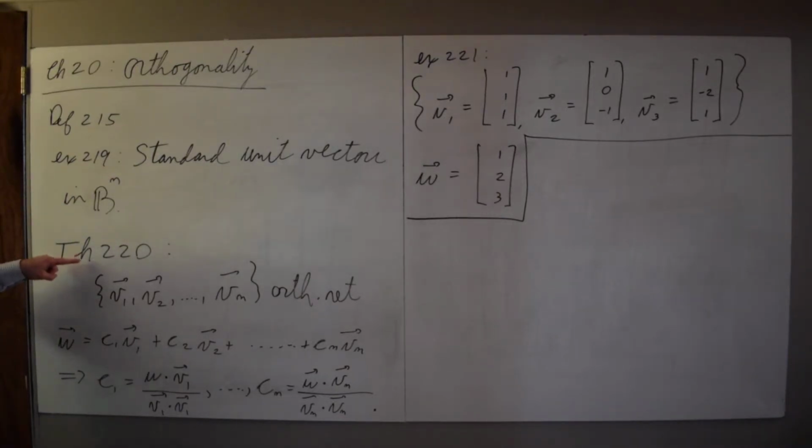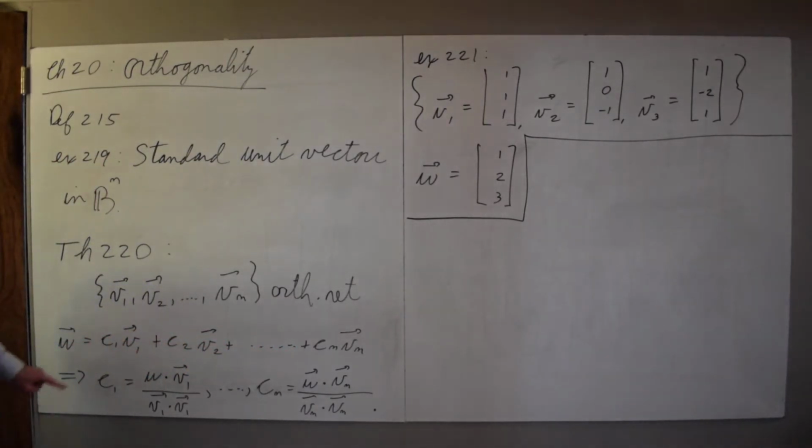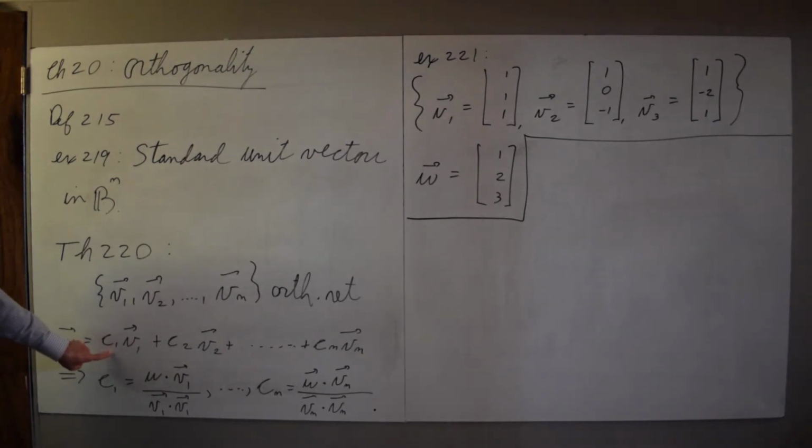I'm going to use Theorem 220, though, to do example 221. So Theorem 220 says if you start with an orthogonal set of vectors, it might be a basis, it might not be, and W is in the span of that set, so you can write W as a linear combination of these vectors, then Theorem 220 tells us exactly what our coefficients are, C1, C2 through Cn.